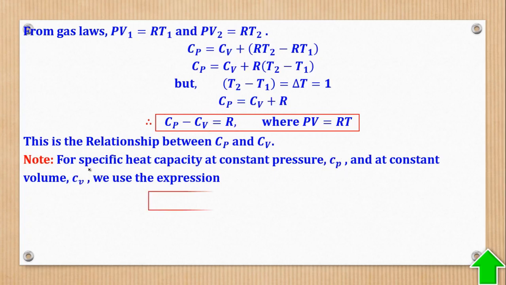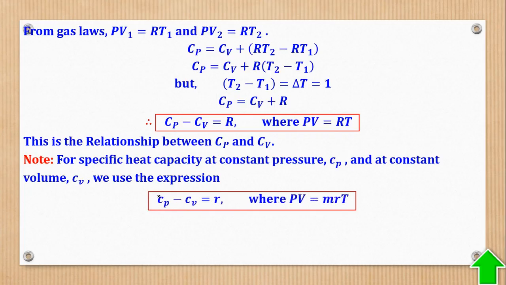But the rest is the same, meaning that it will now be cp minus cv equal to small r. Now, what is r? That small r, we get it from PV is equal to mRT, so that if you know the mass, you can get small r from the gas equation.